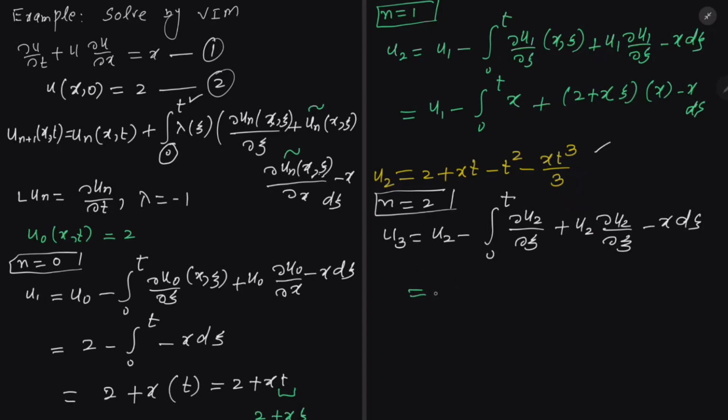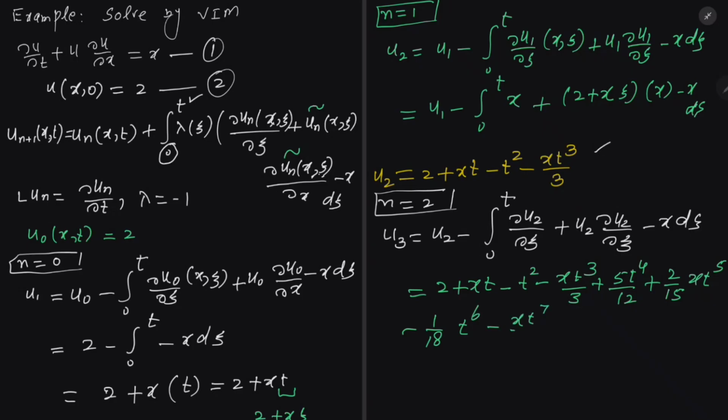At the end, I just write the direct answer: 2 plus xt minus t square minus xt cube by 3 plus 5t to the power 4 by 12 plus 2 by 15 xt to the power 5 minus 1 by 18 t6 minus xt to the power 7 by 21, and so on. That is a bit complicated, but if you want to try it, you can try it yourself.